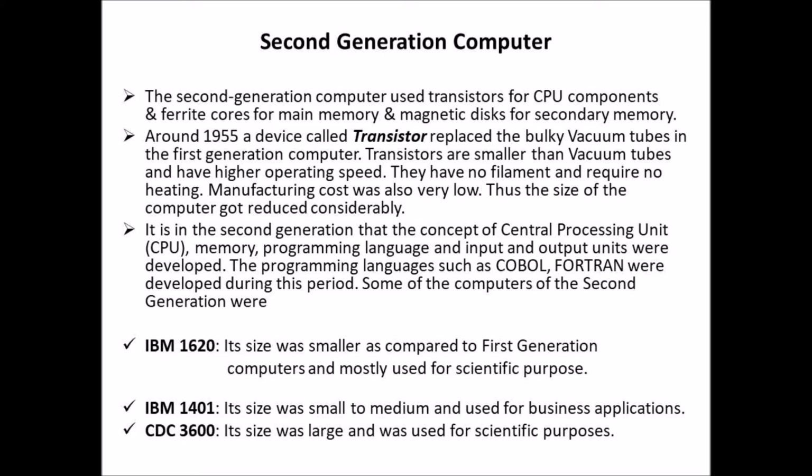Its size was smaller as compared to first generation computers and mostly used for scientific purpose. Second one, IBM 1401. Its size was small to medium and used for business applications. Third one, CDC 3600. Its size was large and was used for scientific purposes.